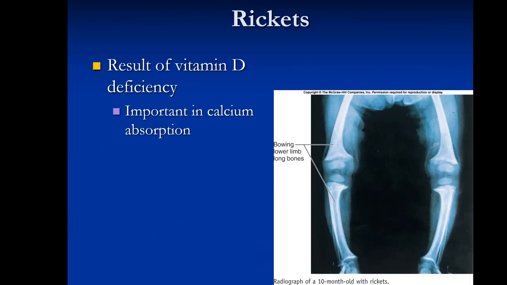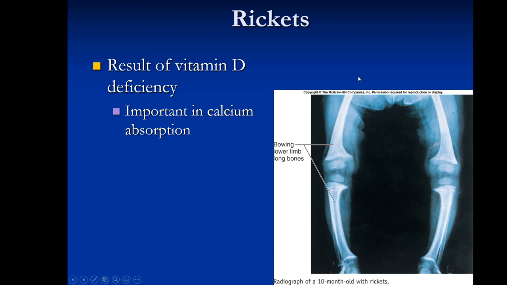Talking about a couple of disorders, or at least one disorder right here really quick. There's a disorder called rickets, which isn't overly common in the United States, but it can happen. It's really a result of vitamin D deficiency. Vitamin D is important, like we said, for calcium absorption. So what happens in rickets, if you don't have enough vitamin D, the bones don't get enough calcium and they become soft.